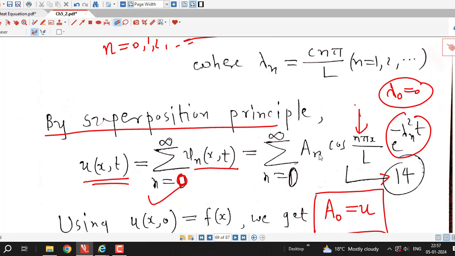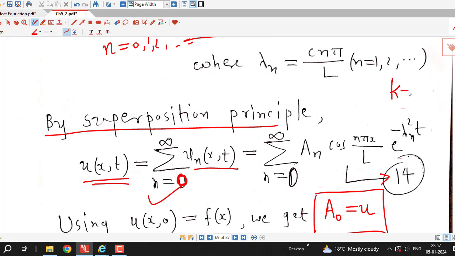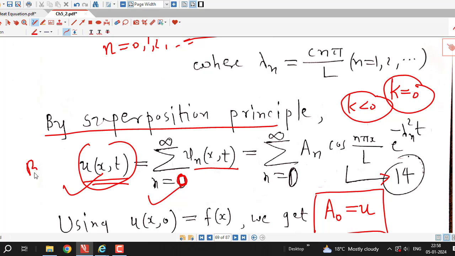Now so far we have not used the initial condition. We had used the initial condition for the case that k equal to 0, but for k less than 0 we have not used the initial condition. So now we can use the initial condition also. We have to decide the solution which satisfies boundary conditions as well as initial conditions.